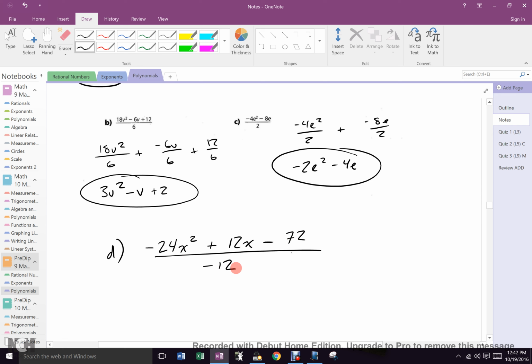Of course you know the answer. What is it? 2x squared minus 1, 2x squared minus x minus x plus 6. What did that negative do? The same thing negatives do all the time. They add up. Change every sign. Right? Everybody good? Great.